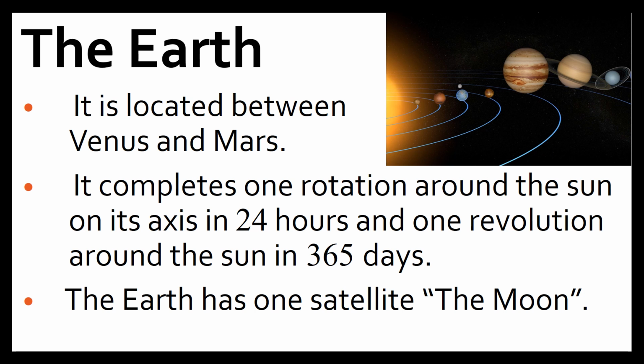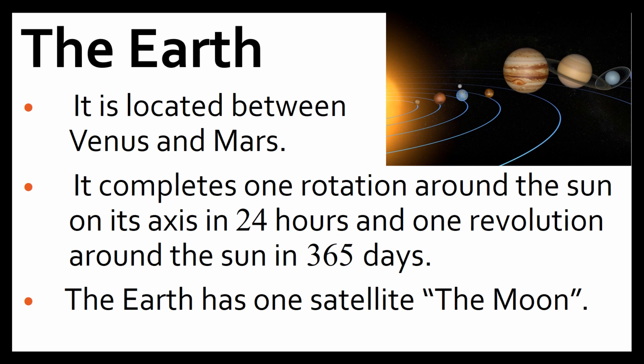No other planet in the solar system supports life. It is located between Venus and Mars. It completes one rotation on its axis in 24 hours and one revolution around the Sun in 365 days. Events such as day and night and the change of the seasons can only be seen here.